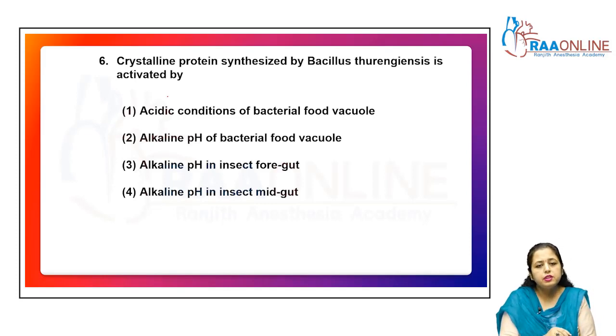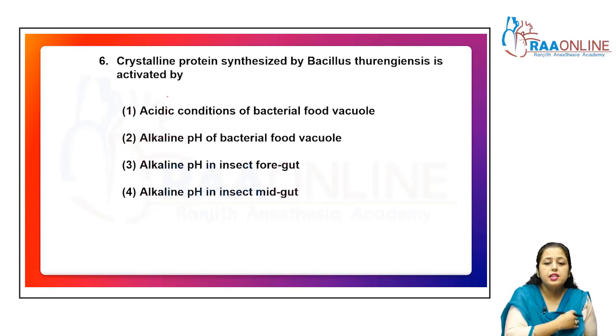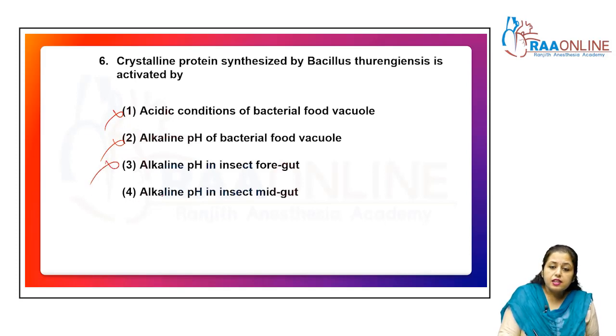It perforates the gut wall, and in that manner the insect dies. So is it activated by the acidic condition of the bacterial food vacuole? No. Alkaline pH, yes, but of the bacterial food vacuole, no. Alkaline pH in insect foregut, no. It is alkaline pH in the insect's midgut.